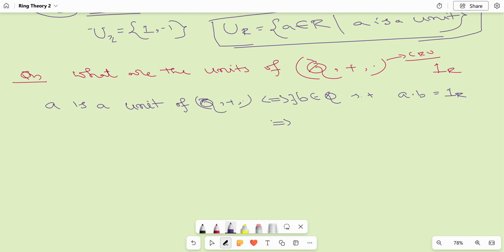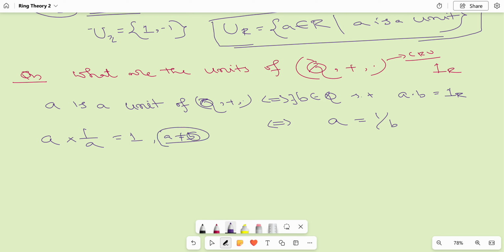It is equivalent to saying that a equals 1 by b. Suppose you have any a, I am giving you 1 by a, right? Then you will get 1, but a should not be 0. A is non-zero here, right?